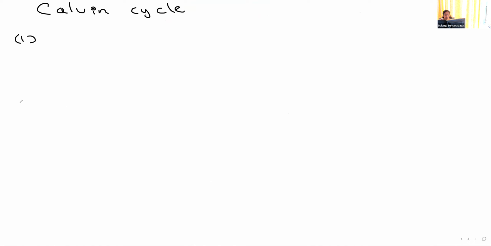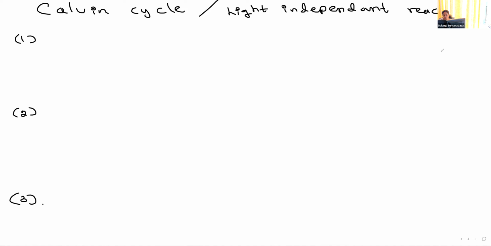Write down the 3 stages of the Calvin cycle, and write down what happens in each. Right, okay. So this is the summary, write it down.